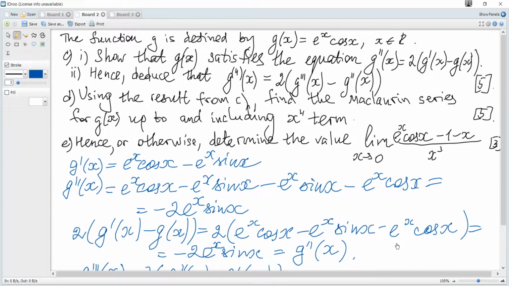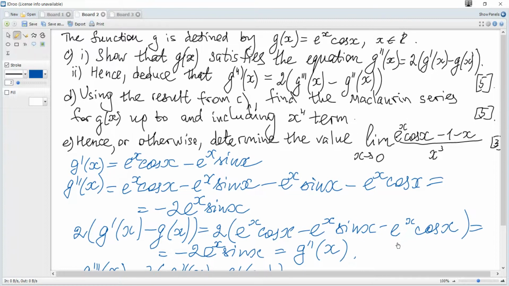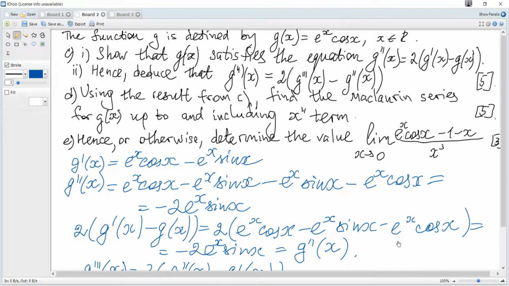Next, using the result from C, find the Maclaurin series for g of x.